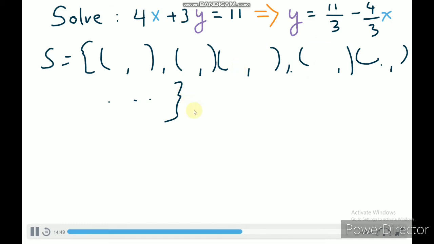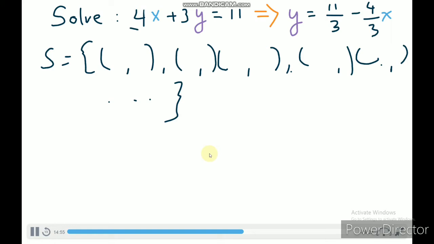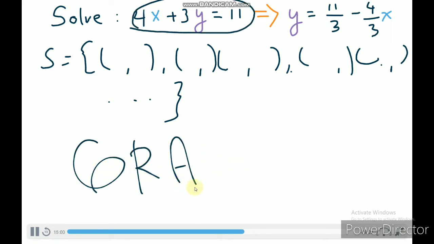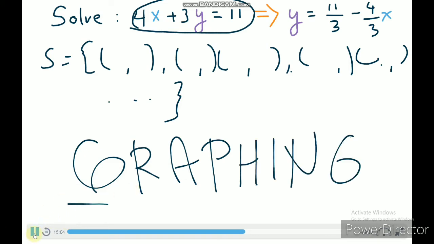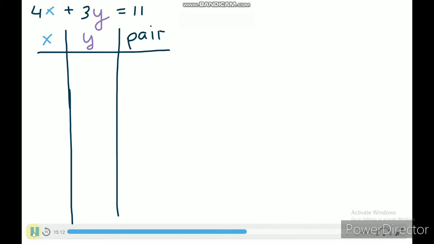The other method that I will introduce to show effectively all possible solutions for this equation is by graphing. Just like inequality, graphing is the most effective way to show all the solutions for your equation.